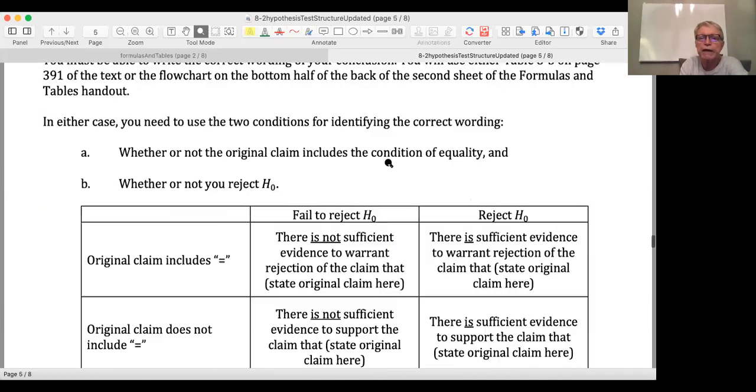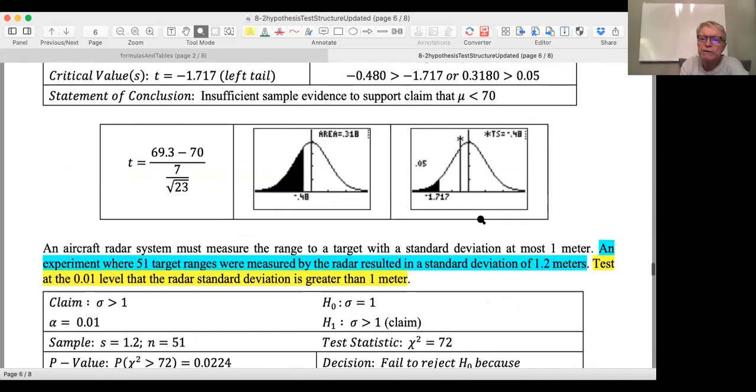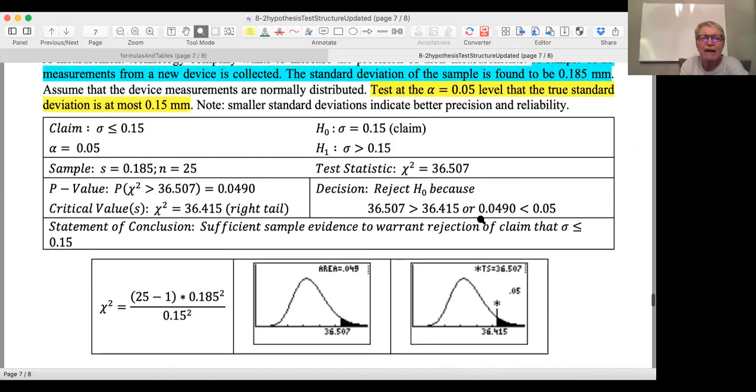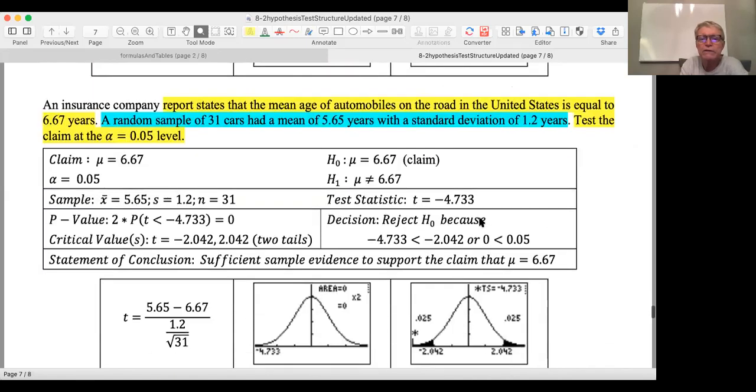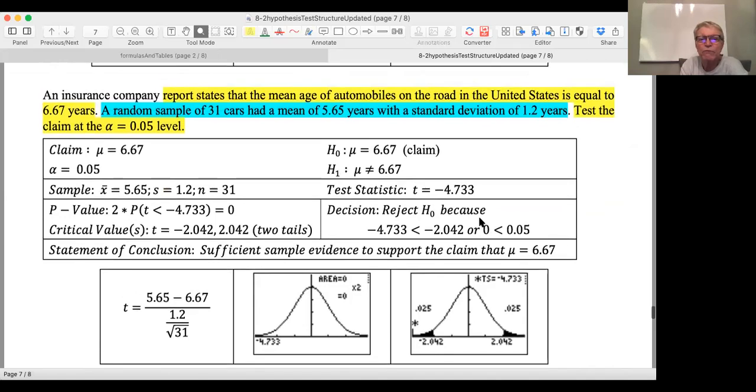So let's go back up. We rejected and it included equality. It should have said sufficient evidence to warrant rejection of the claim. I got it wrong. So I guess I'm not going to get 100%. All right, so that was this one here, or was it this one? Equal, yeah, okay, so it was this one, the fourth one.